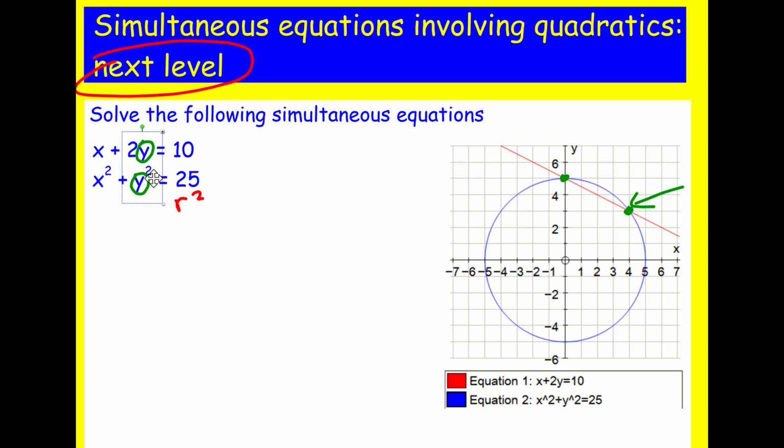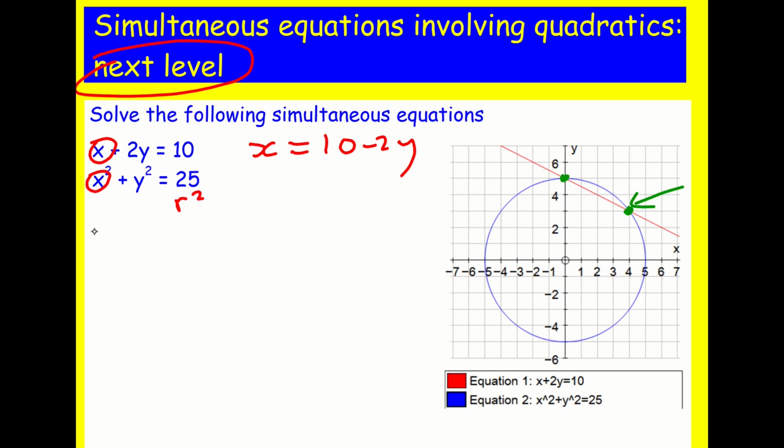There is a better way, and it's something we've not done before, but there's nothing special about replacing y by y. In fact, we know that at these points, the x values are also the same. So what we're going to do is rewrite this as x equals 10 minus 2y, and that is what we substitute in.